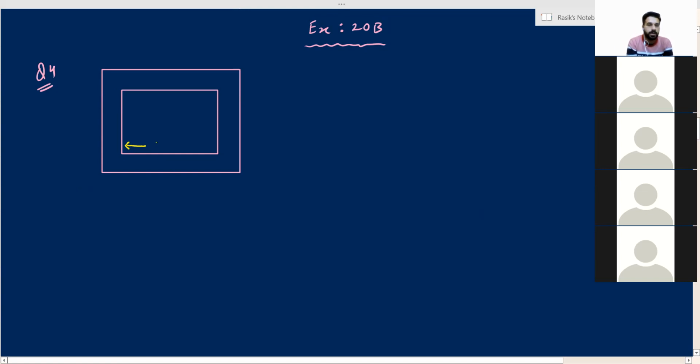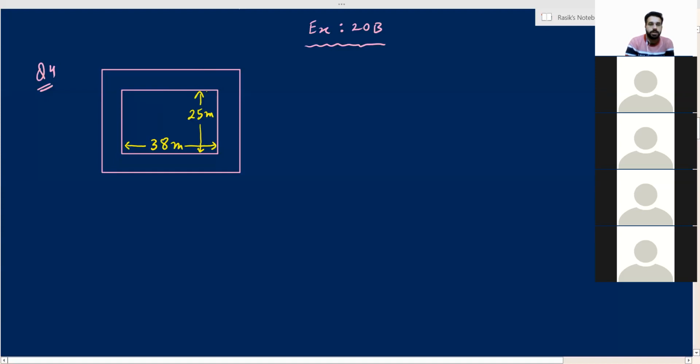What is the main point here? With this you come to know whether the dimensions which are given are of the inner rectangle or of the outer rectangle. So here the dimensions are of the inner rectangle, 38 meter by 25 meters. Got it, all of you? The dimensions which are given are for the inner rectangle, not for the outer rectangle.